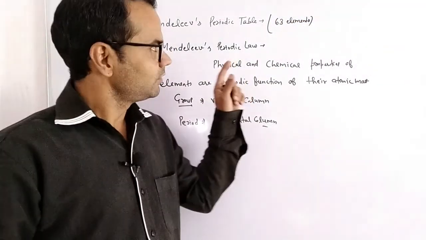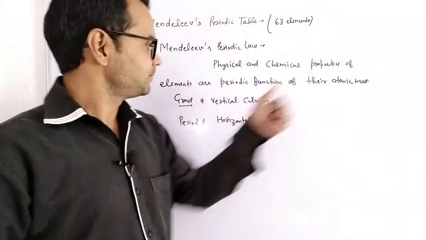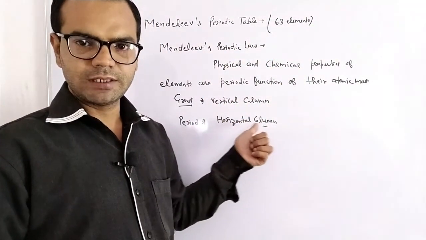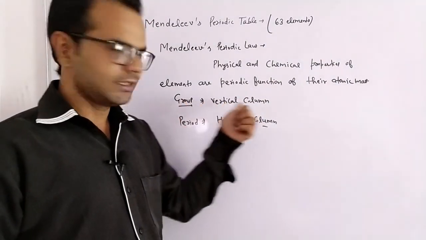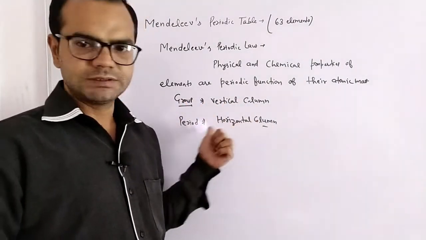He tried to arrange 63 elements in vertical columns and horizontal columns. At that time, a group was a vertical column and a horizontal column was a period.